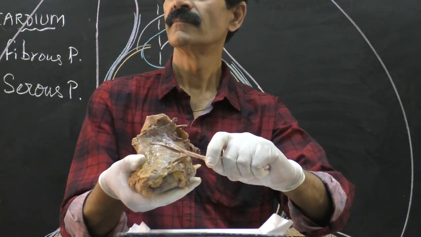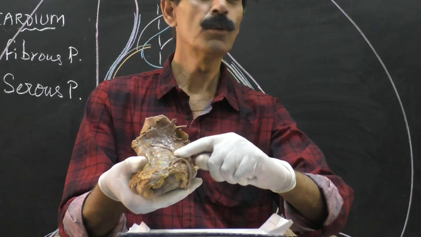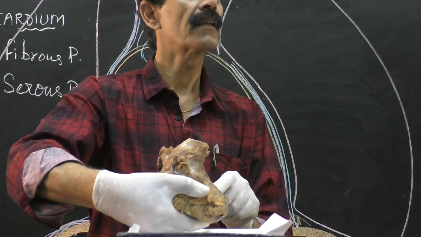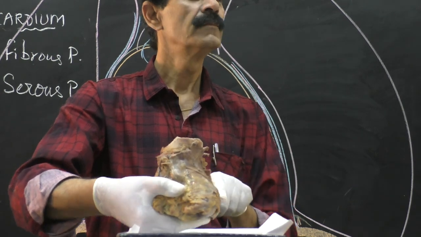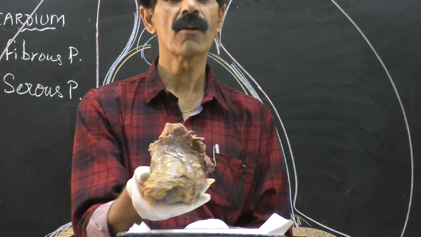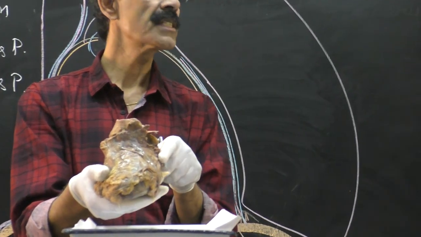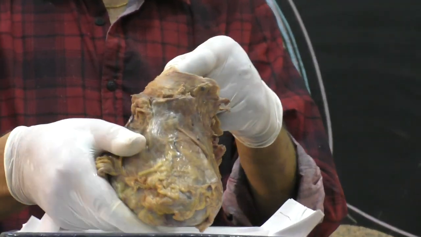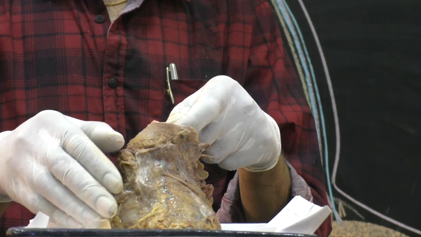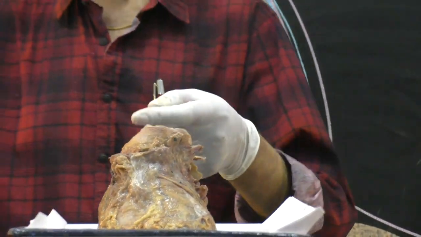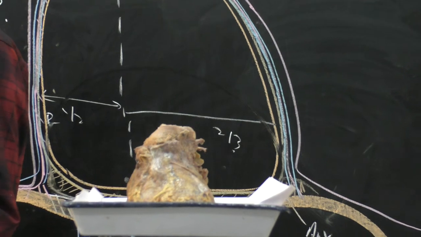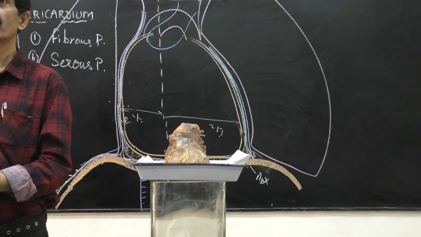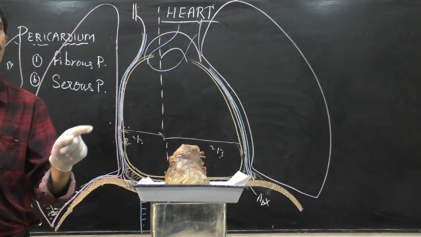This is the pericardiophrenic artery with the two blue vena comitans. Because the heart is on the left side, this is the left pericardiophrenic artery along with the veins. So this is such a big artery, because the arterial supply of the diaphragm is very, very important, plus the pericardium also, in which the precious organ is lying. So every care has been taken to ensure the blood supply of the diaphragm as well as the pericardium.